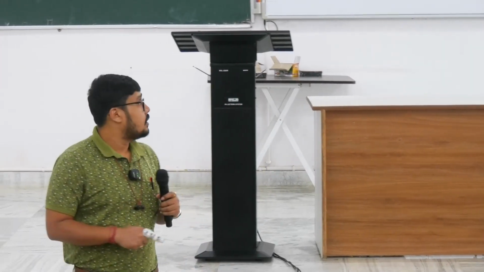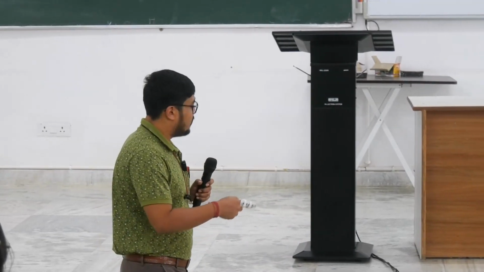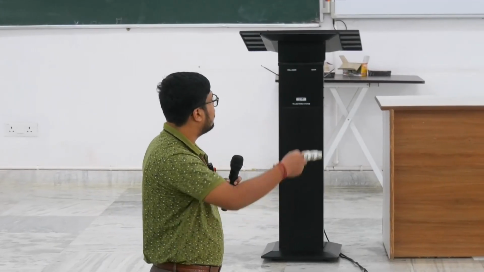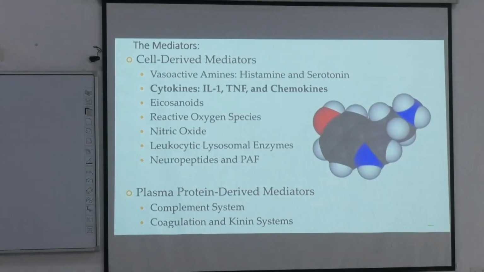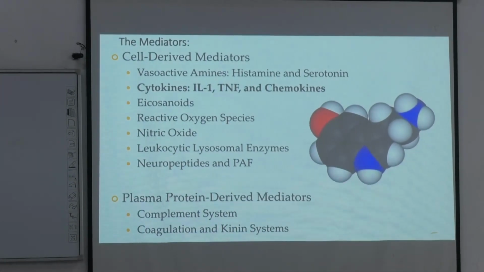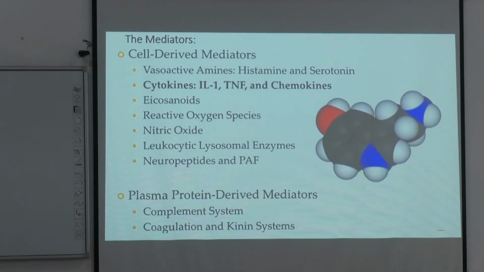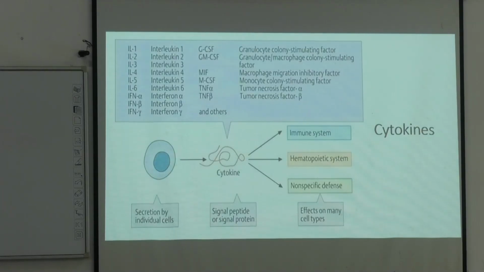and other mediators are released from the basophil. Next are cytokines, namely interleukin 1, TNF for tumor necrosis factor, and chemokines. Cytokines have the most powerful and most vigorous list.